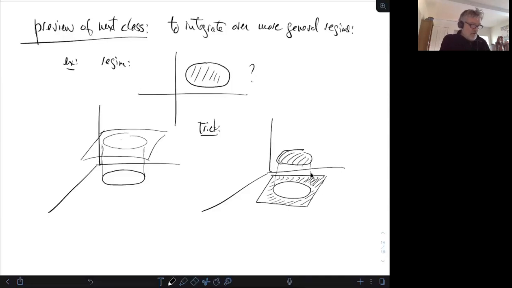Right, this is the trick to be able to integrate over more complicated regions. We're going to exploit that and see some techniques to integrate over regions which are not rectangles.